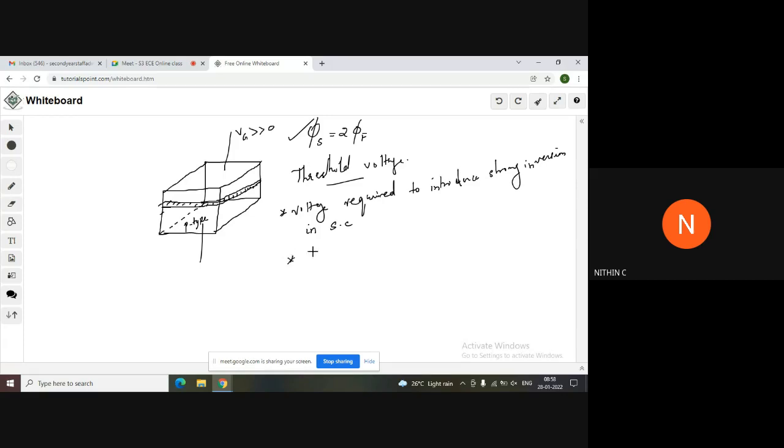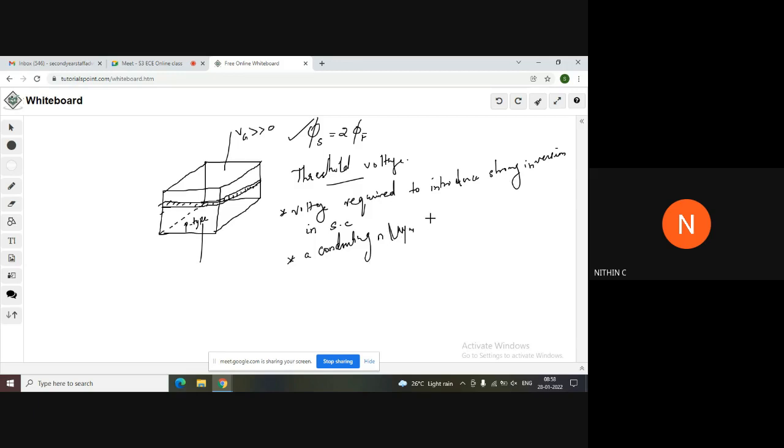And what happens when the threshold voltage is provided? You will get an N layer, that is, a negative layer or electron layer. In this case only, if the metal-oxide-semiconductor has a p-type semiconductor, you will get a conducting N layer.